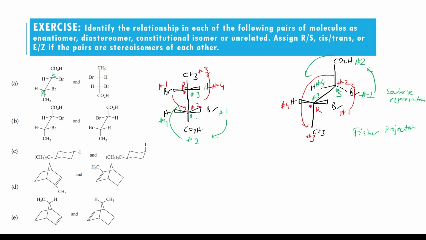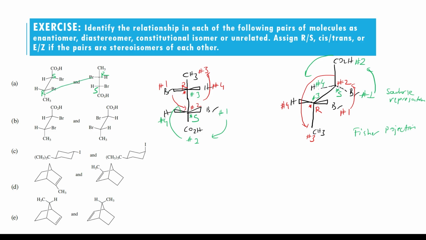Again, we can say this is R, but it should be the opposite because hydrogen, again, is coming out of the plane, so it's going to be S. Let's mark it here. The carboxylic acid's carbon is S, and the chiral center attached to the methyl is R.